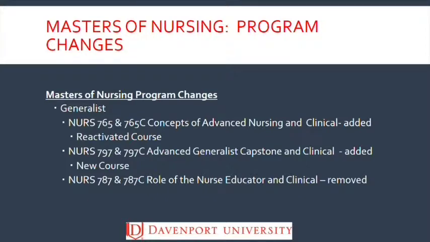That has been a course added to the generalist. And an advanced capstone class, which is 797 and 797C. So that is actually a new course. So the first course is unarchived. It's a clinical and a didactic, as well as the capstone class.